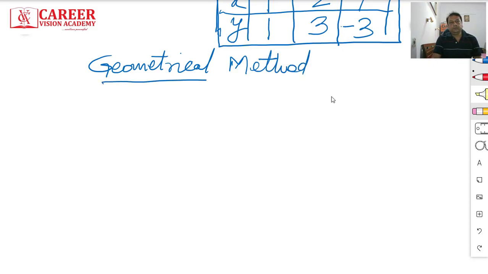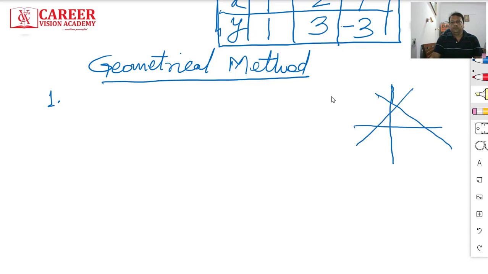The first case, when we have two straight lines, when we have two linear equations in two variables, the first case can be the lines can be intersecting lines.